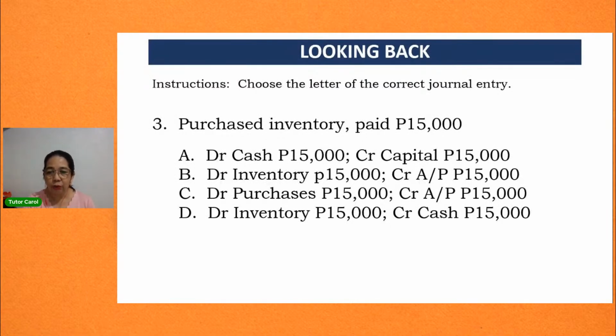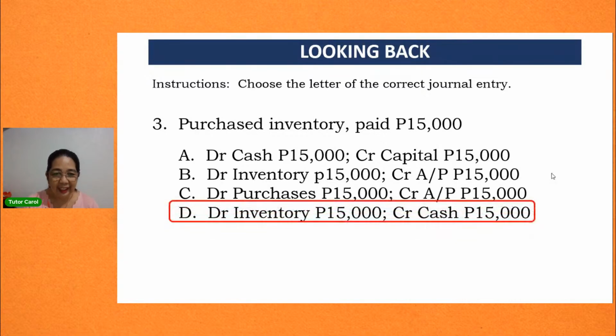Okay, Josh Sotosa, your answer is letter D. Let us reveal the answer, please. Yes, okay, it's letter D. Debit inventory, 15,000 and credit cash, 15,000. So, ginamit natin inventory. So, siguro ang inventory system nito ay perpetual inventory system. Okay, next please.